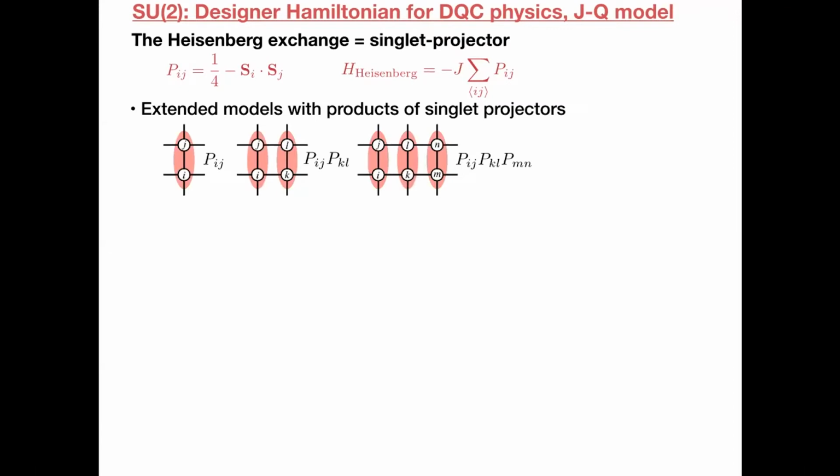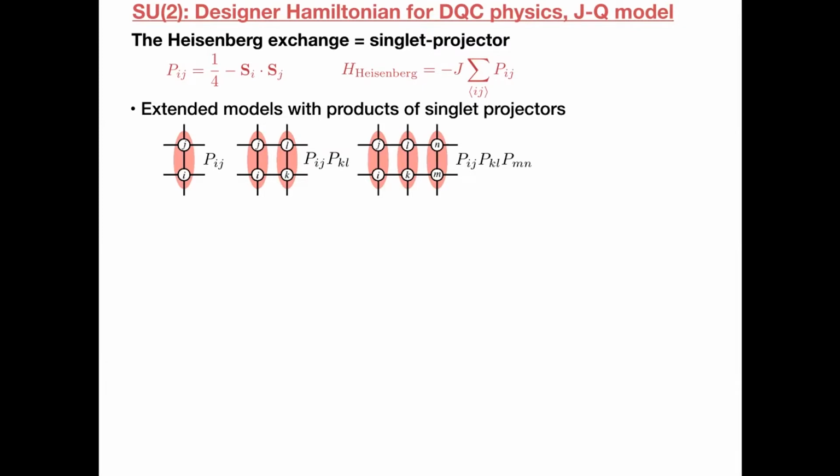If this denotes a singlet projector on a bond, we can take products of 2, 3, or even more such projectors. I think it's self-evident, at least if you stack up enough of these, that this kind of interaction will favor a columnar VBS pattern. And we sum them up, with the rotations and translations and everything.